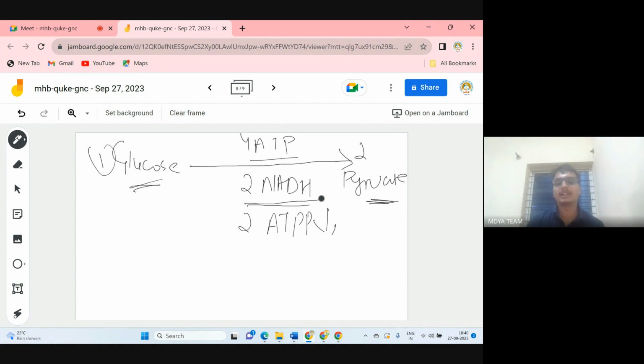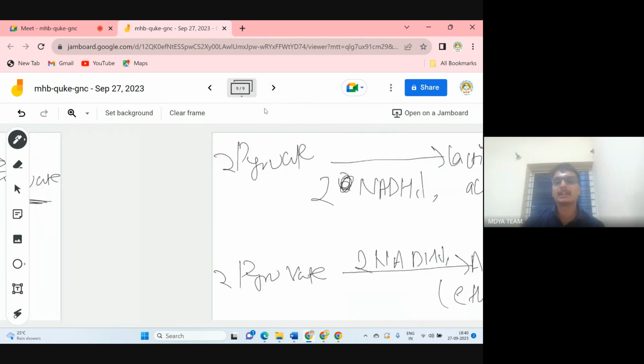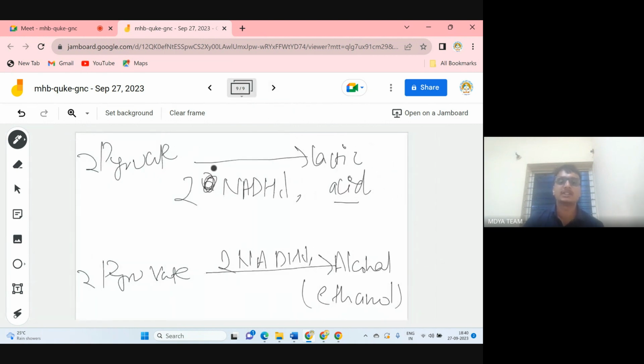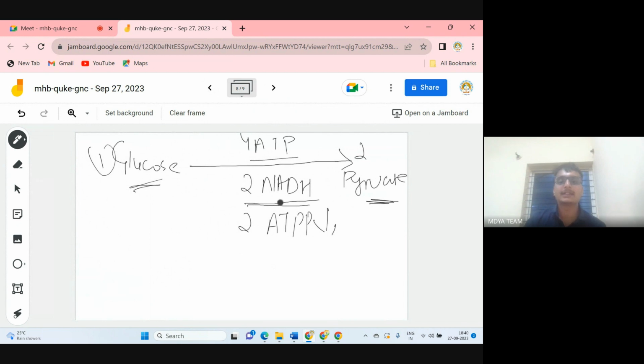So our body converts this pyruvate into lactic acid, and for this process, our body utilizes these 2 NADH. In yeast, these 2 molecules of pyruvate are converted into alcohol, ethanol, and for this also 2 NADH are needed. So the NADH which was produced in glycolysis is now used.